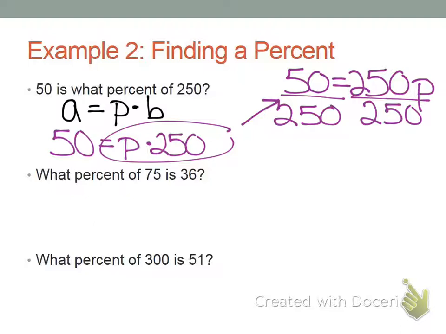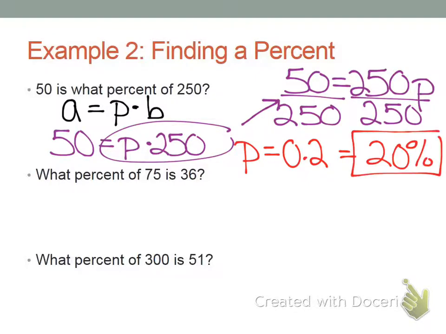What's 50 divided by 250? 0.2. But is that answer a percentage? No. How do I change a decimal to a percent? 20%. All right, so on these, your calculator gives you the decimal, and then you have to change it to a percentage for your answer.